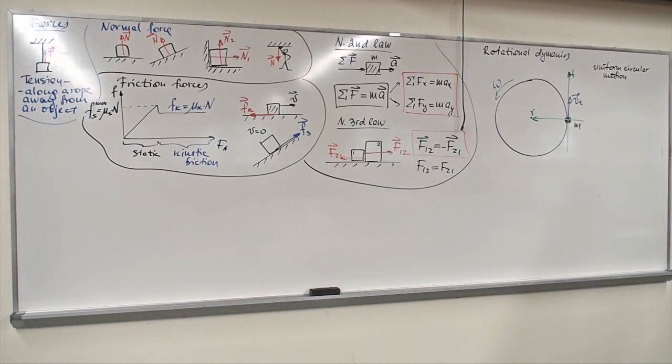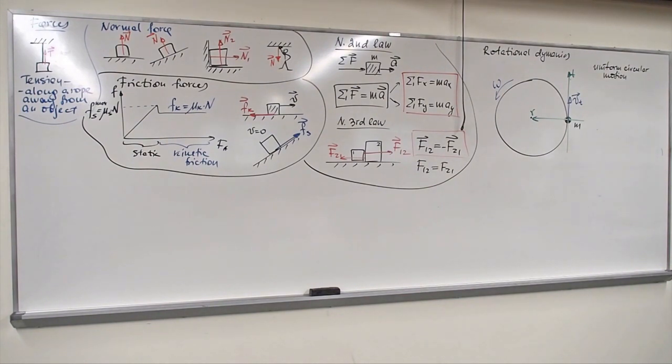Uniform means what? Constant absolute value, the magnitude of tangential velocity is constant. So your first answer was correct. The speed of the object is the same, so it circles at the same rate.